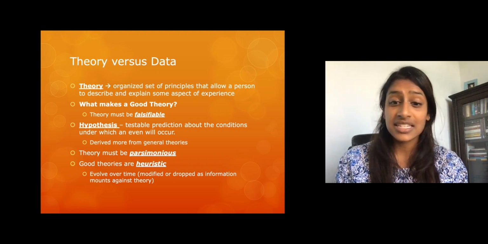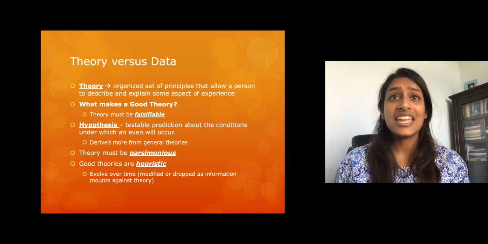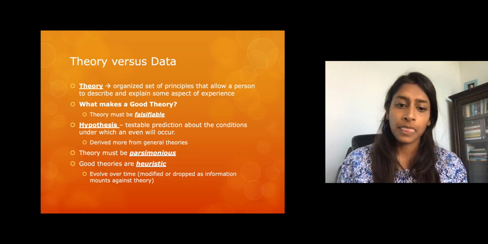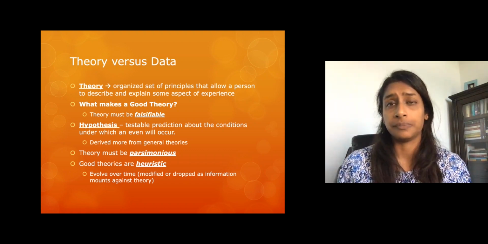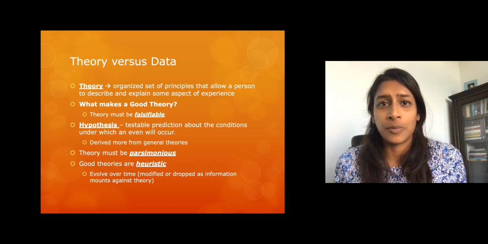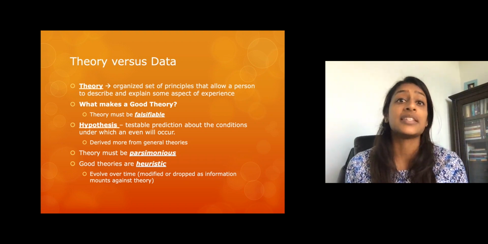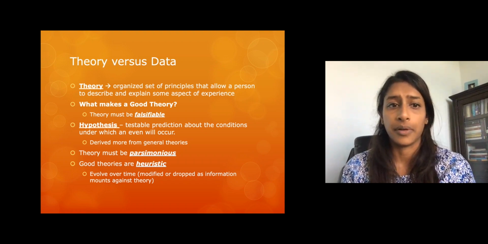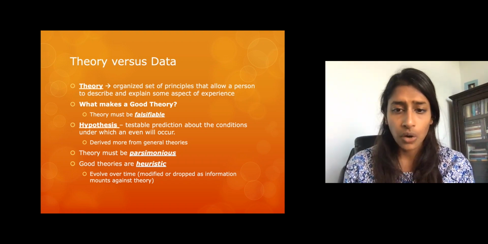A theory is considered to be good if it is falsifiable. And what does that mean? I should be able to disprove it. You may have heard this if you've taken other classes with me before, but I think it is one of the best examples to really showcase this idea of falsifiability.